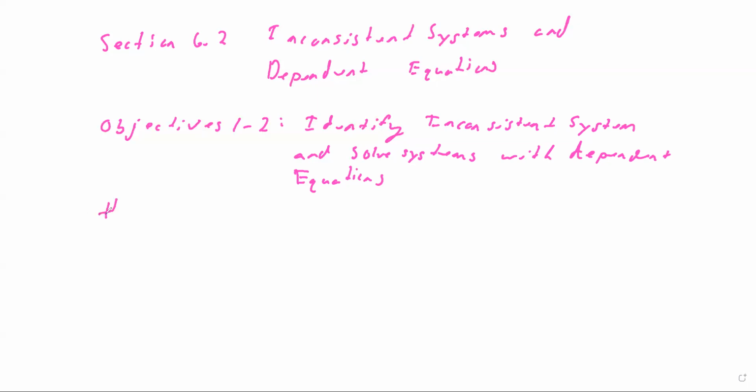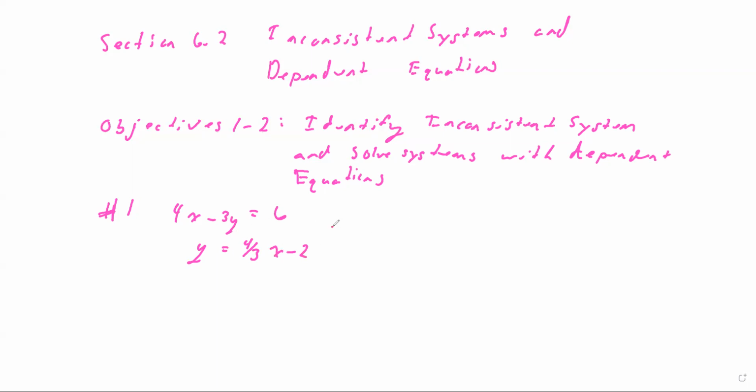In our first example, we have 4x minus 3y equals 6 and y equals 4/3 x minus 2.